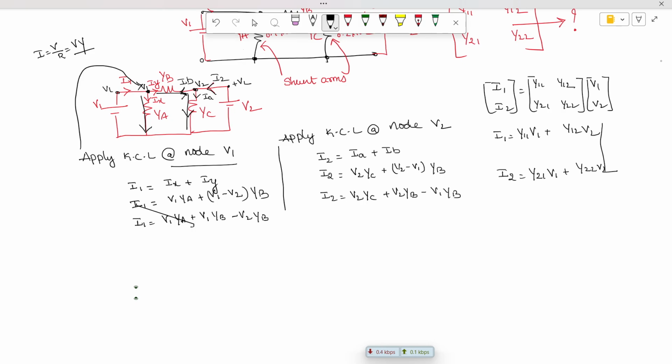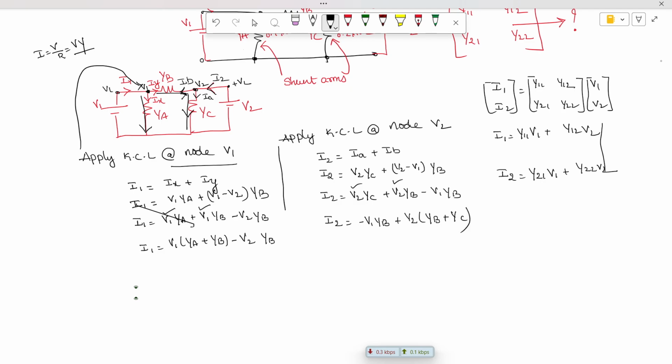First we take V1 as the common term: I1 is equal to V1 into (YA plus YB) minus V2 into YB, and I2 is equal to minus V1 YB, and take V2 as common, this is (YB plus YC).